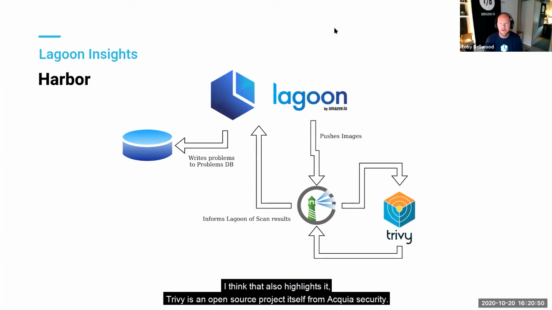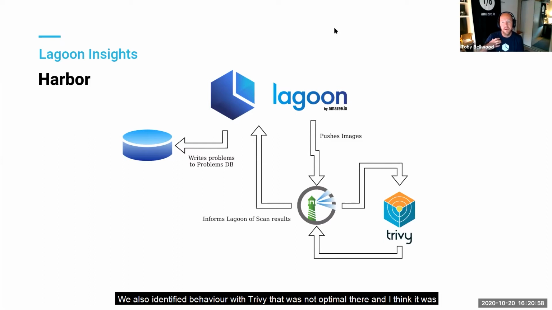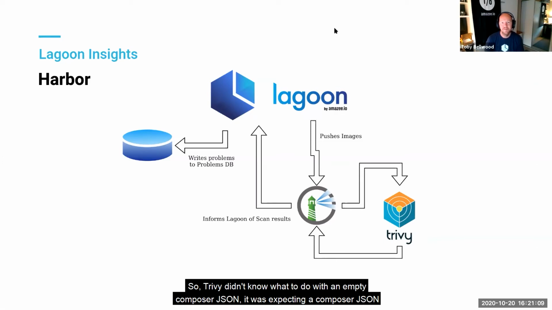I think that also highlighted that Trivy is an open source project itself from Aqua Security. We also identified behavior with Trivy that was not optimal, and I think it was an empty composer.json. Trivy didn't know what to do with an empty composer.json. It was expecting a composer.json to at least have one requirement.